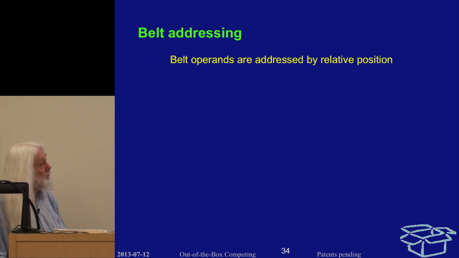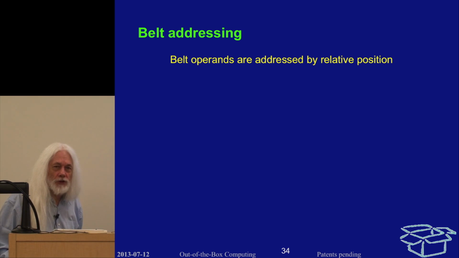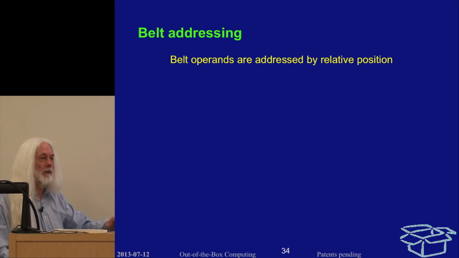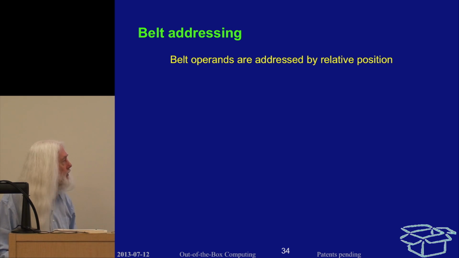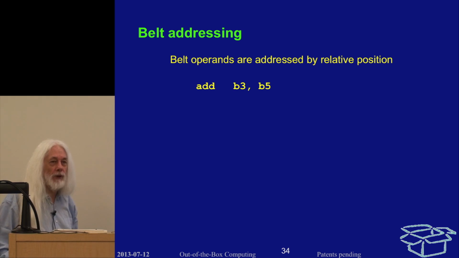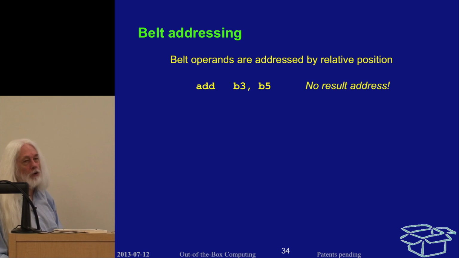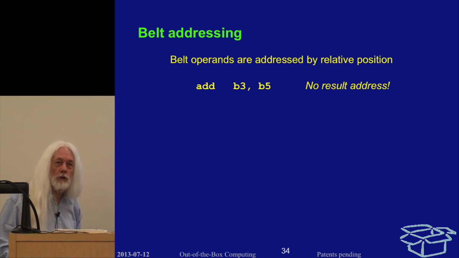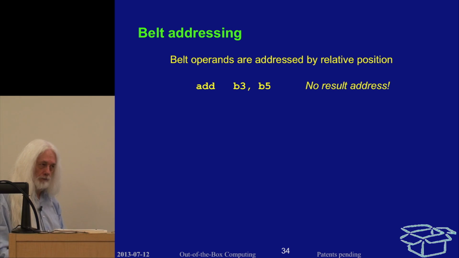The belt addressing, instead of being register 3 and register 5, which is fixed forever like the pigeonhole in a post office, instead belt operands are addressed by relative position. This is a Mill assembly language statement. Note that there is no result address specified. You don't say where the result is going to go.